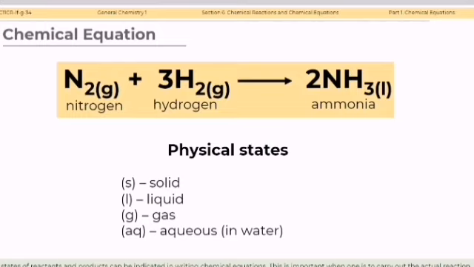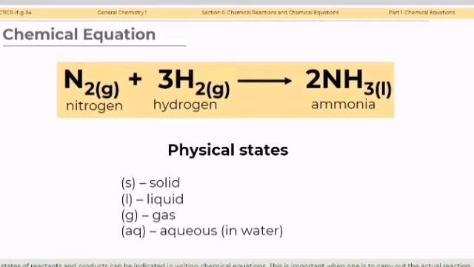Physical states of reactants and products can be indicated in reading or in writing chemical equations. This is very important when one is to carry out the actual reaction. Replacement with the same substance but of different physical state may not lead to the expected reaction.